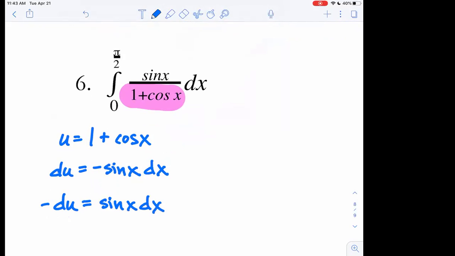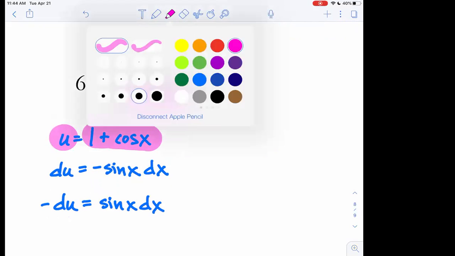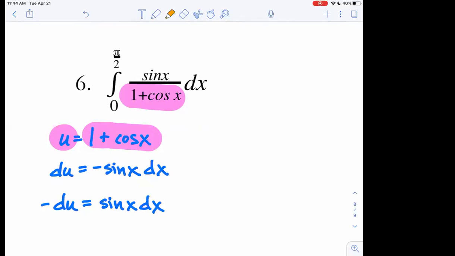And so now I'm able to match both of those, okay? So everywhere I see the 1 plus cosine x, I'm going to put a u. And everywhere I see a sine x dx, which is this guy right here, I'm going to put a negative du.